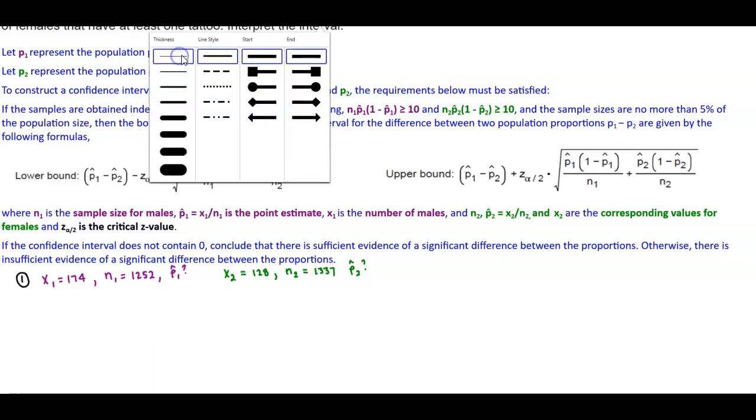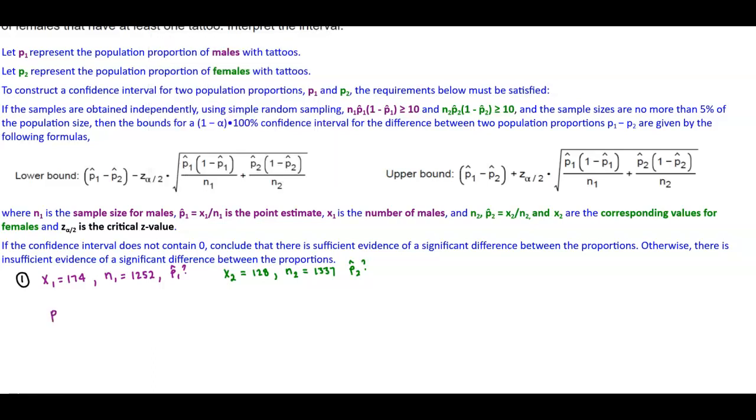If we want to find the point estimate for the males, then we're going to take x1 and divide that by n1, which is 174 over 1252. Again, we can divide and find a decimal equivalent of that, but I would recommend leaving it in fraction form, because if we round it off now, it could create a decimal error later on.